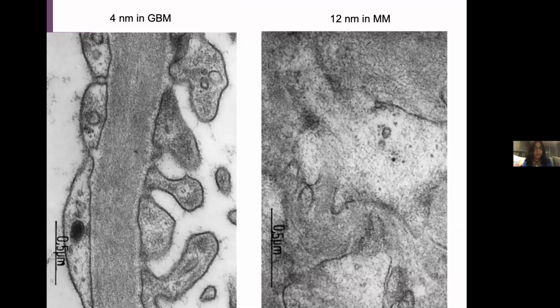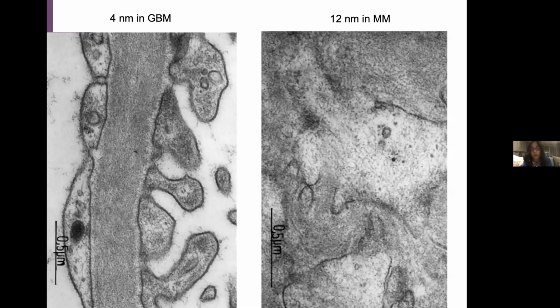If they're more than that, you might consider other GN. In the mesangial matrix, the normal is 12 nanometers. And if you go back to the definitions, this is also the definition of amyloid, that it's up to 12 nanometers. And what's more than 12 nanometers can be something else.